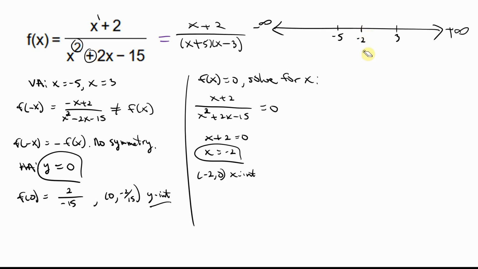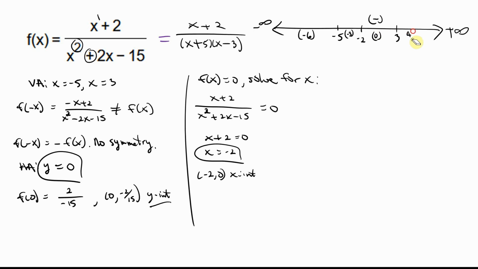Looking for the signs on each interval, I'm going to test a number. So let's pick -6, -3, test there. A 0 is there, and we found that when x is 0, we get -2 over 15, so that's negative. That's all we need, just the sign.